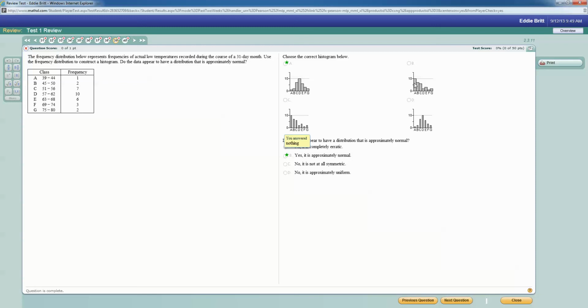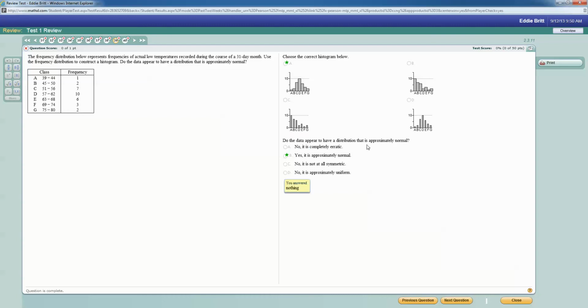Well, B starts off with a really big bar. I'm sorry, C has a really big bar, and D starts off with a small bar, but notice there are gaps there. You don't want gaps in our histogram. So the only one it can be is A.